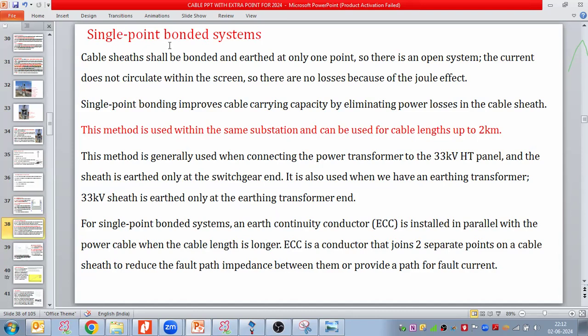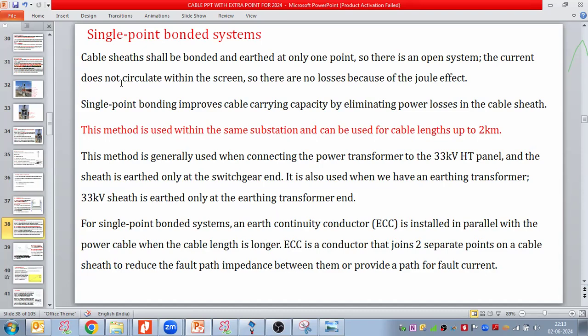In the single point bonded system, the cable sheath is bonded at only one point. So there is an open system at the other end. When the other end is open, there is no closed path and hence no circulating current.